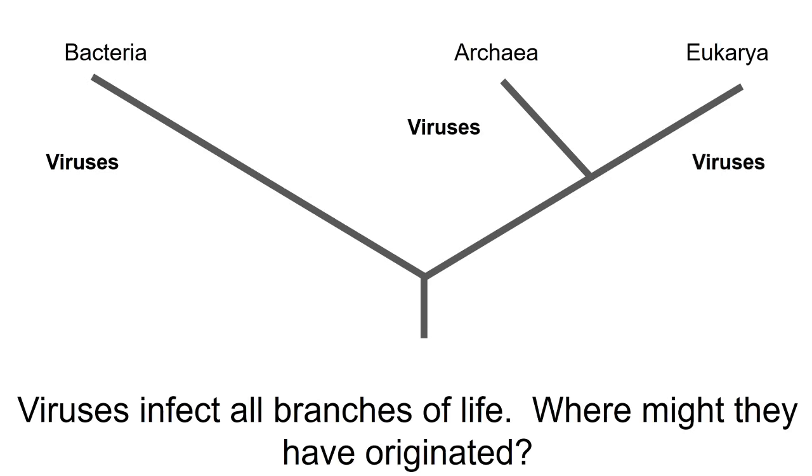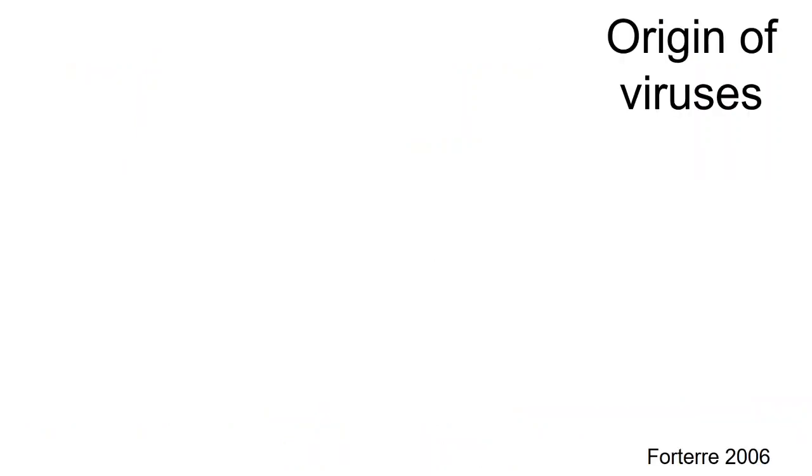So, if viruses affect all the branches of the tree of life, where would they have originated? For a lot of people, that suggests that they have a very ancient origin. And there are three hypotheses that have been presented in the literature about where viruses might have come from.